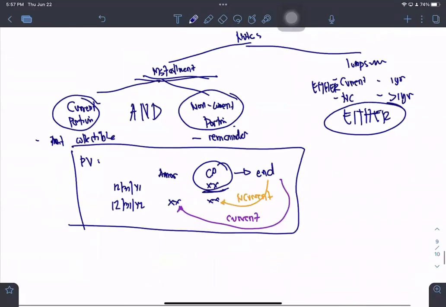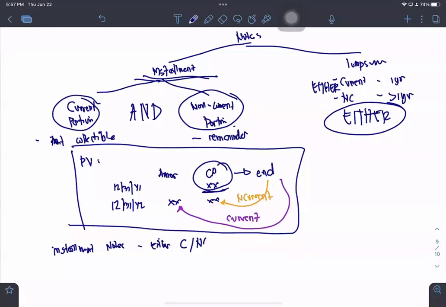Third question, when will the installment notes receivable be only current or non-current? Installment notes will be either current or non-current only if it is already within its due date.